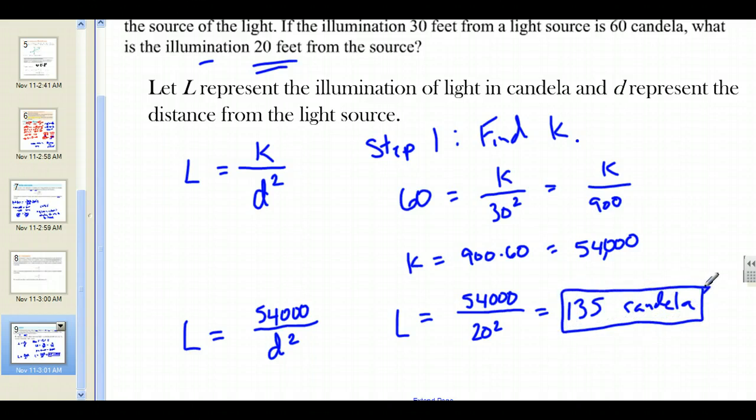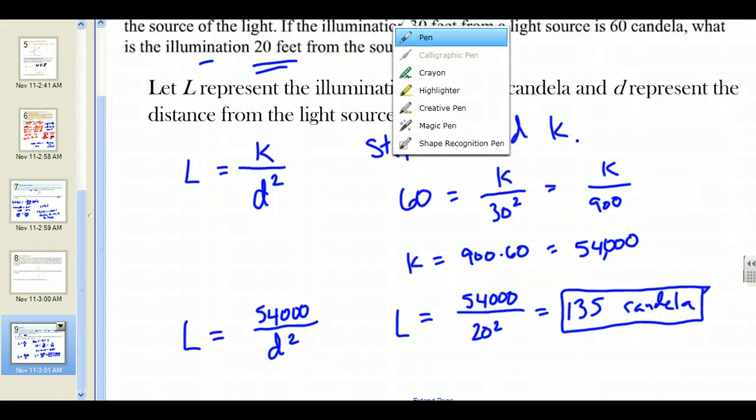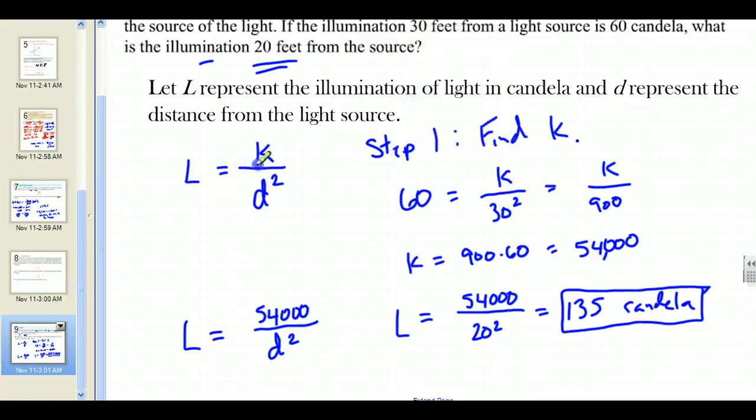Alright, so there's an applied problem using inverse variation. The hardest thing about these variation problems is just understanding how to set it up. But it's going to have this look to it. It's going to have something equals k divided by something, and you just use the wording of the first line, or how they tell you they're related, to determine if you're going to square anything anywhere. And it's usually this two-step process.